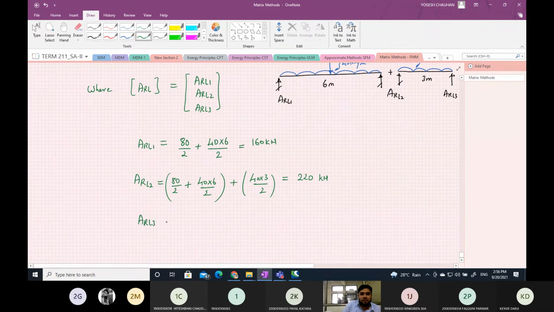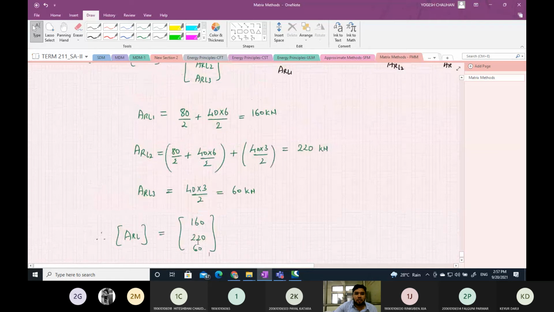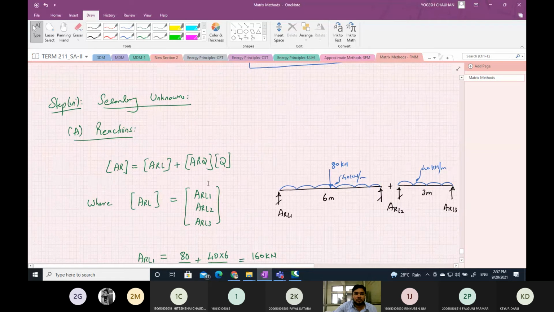Then ARL3 will be equal to 40 into 3 by 2, that is 60 kilonewton. So you have the ARL matrix equal to 160, 220 and 60.